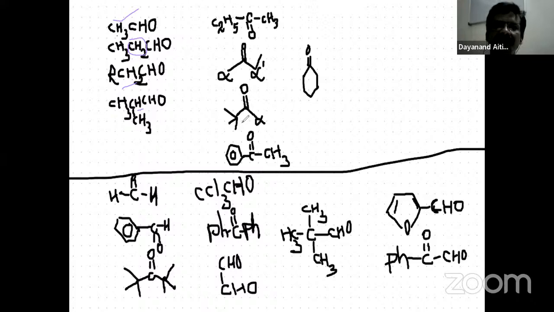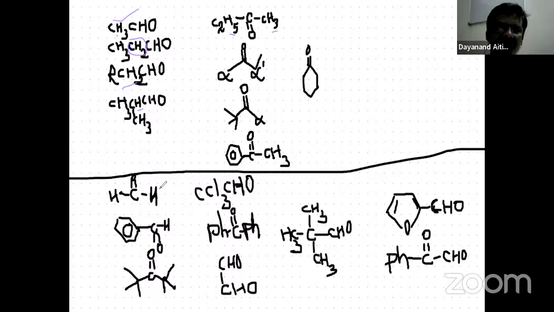Whereas this one does not have any alpha hydrogens, therefore it will not undergo aldol condensation. This one has C2H5, and it also has alpha hydrogens on both sides, therefore it will undergo this reaction.